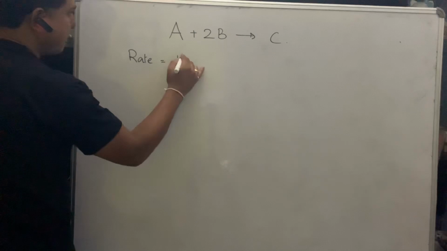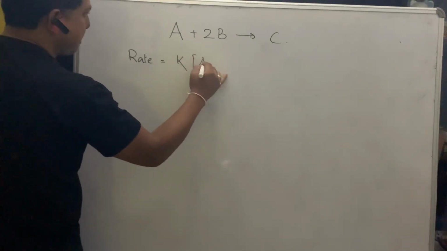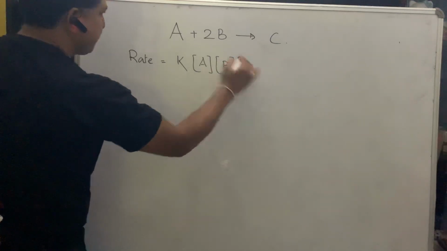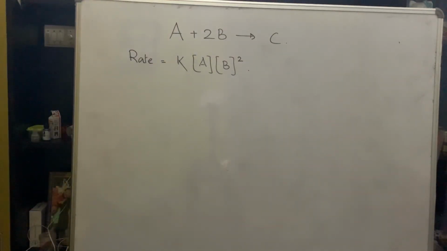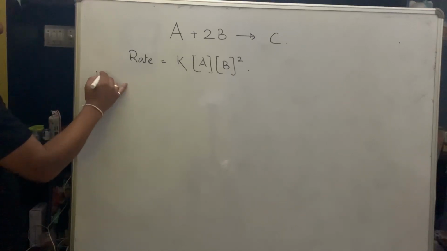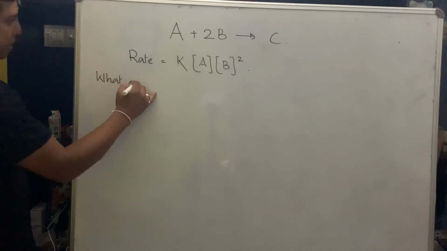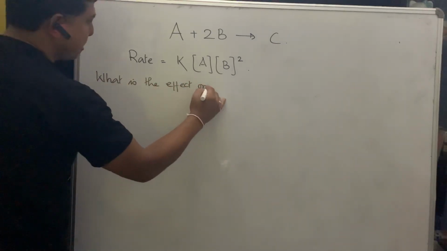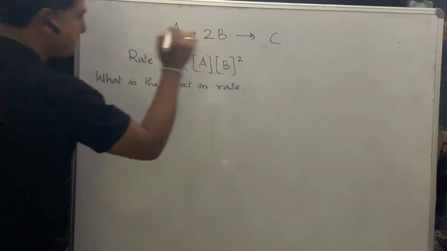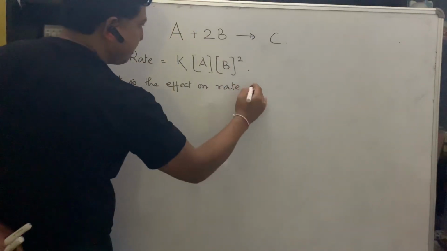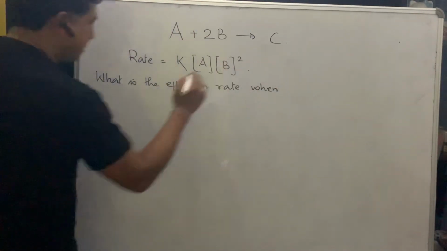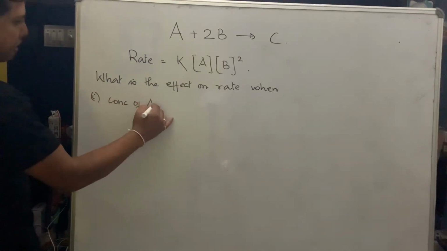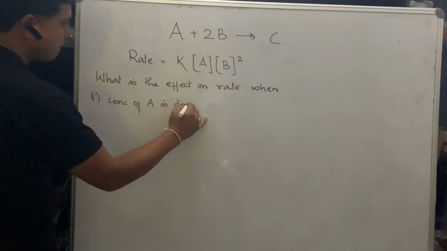So rate equals K [A] [B] to the power 2, it's given. Now the question is, what is the effect on rate when, number one, the concentration of A is doubled?